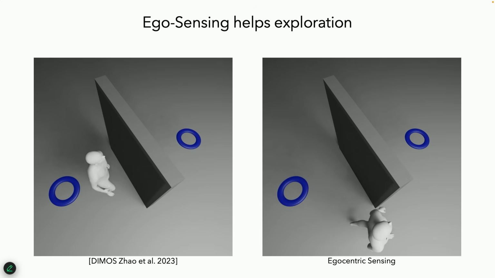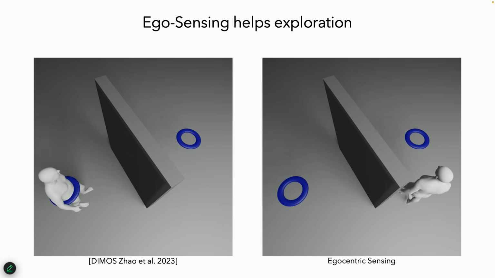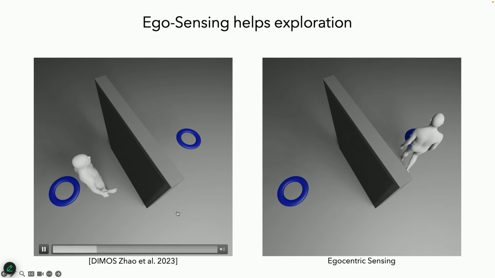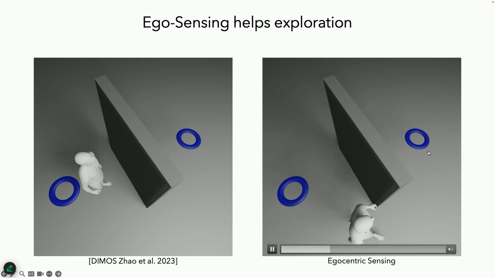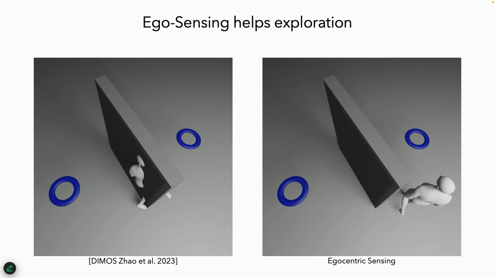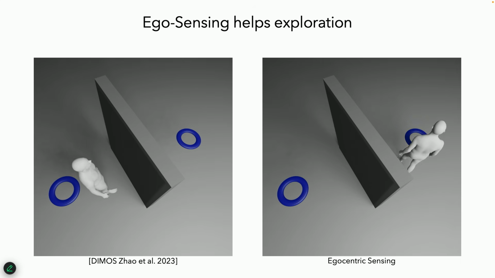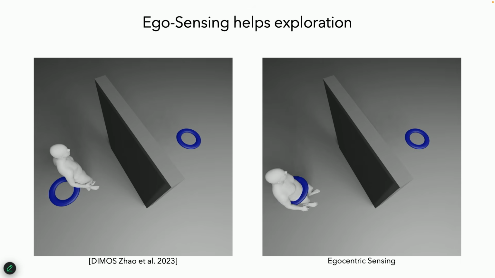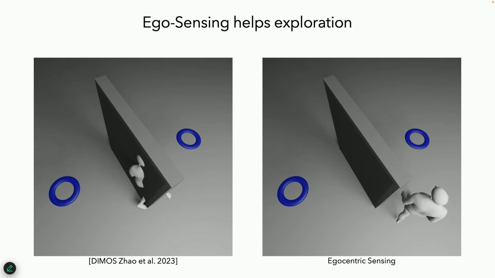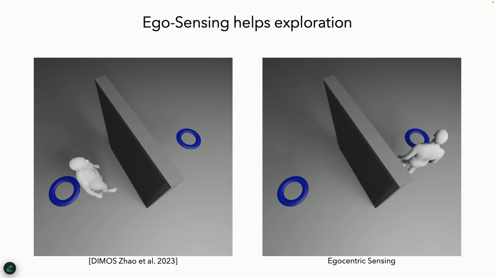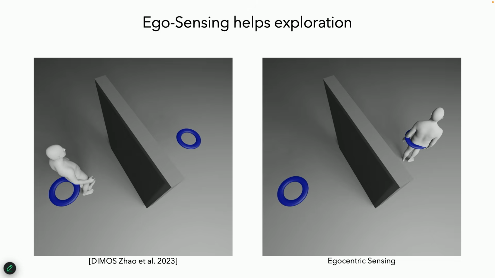Okay, if there is a big wall, how do I really reach my target, right? But with this egocentric sensing, the algorithm was able to explore the policy such that the virtual human can actually find the way to reach the target. So this was very interesting for us at that time.